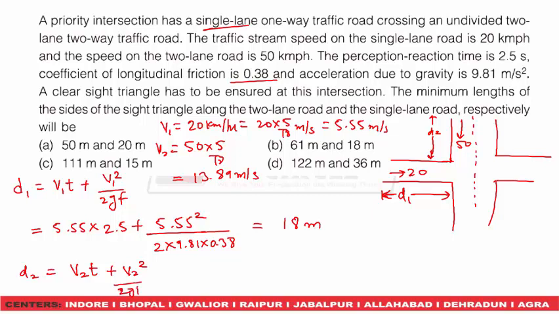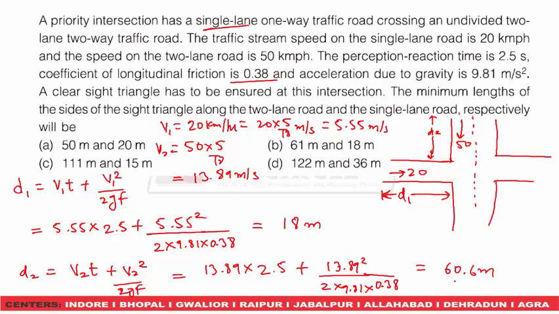So this will be equal to V2 is 13.89, reaction time is the same 2.5 seconds, plus 13.89 square by 2 into 9.81 into 0.38. So it comes out to be 60.6 meter. So the correct answer will be this and this, that is B option.